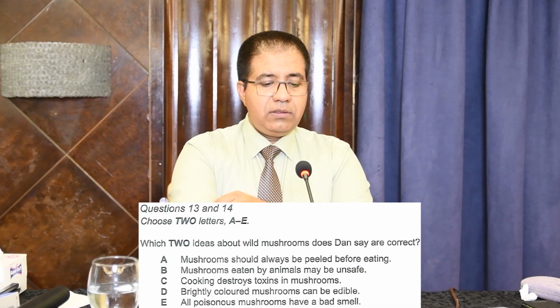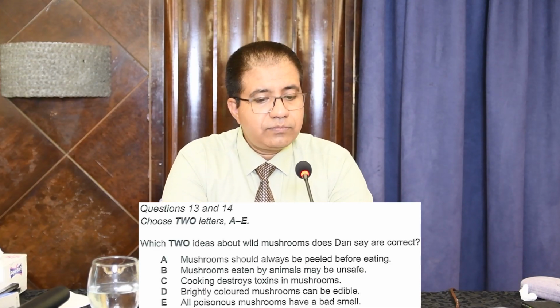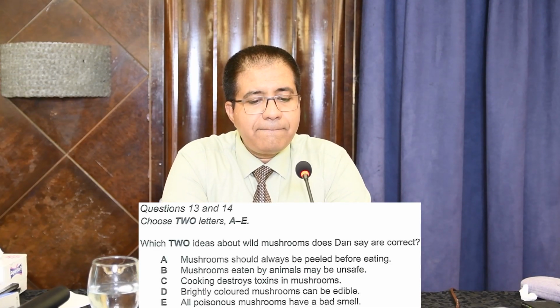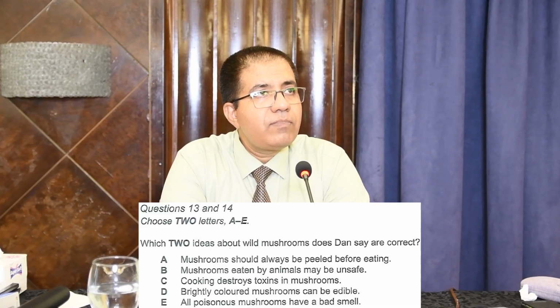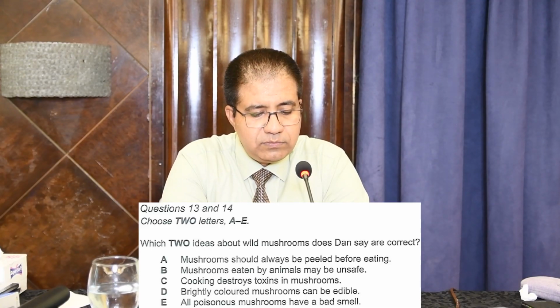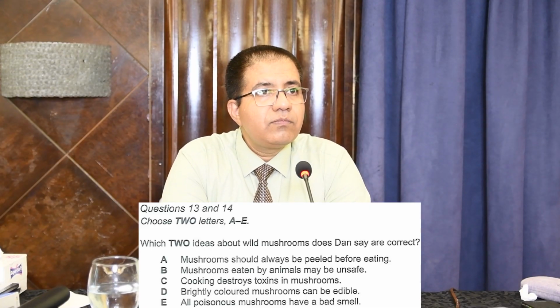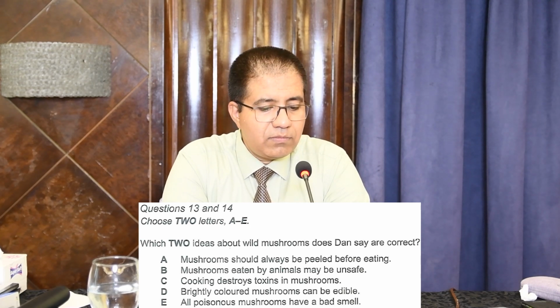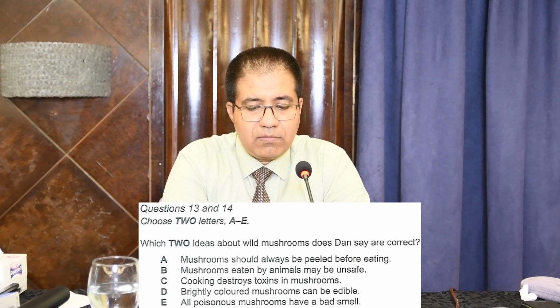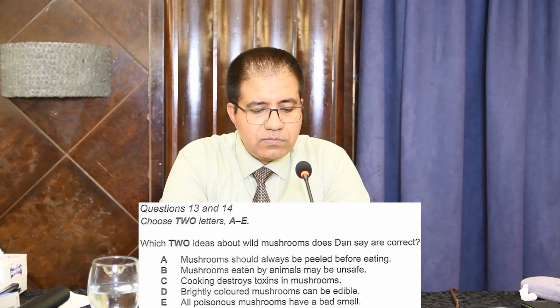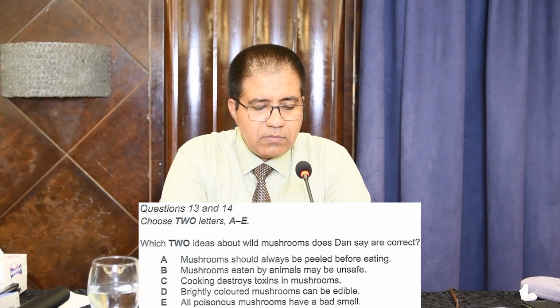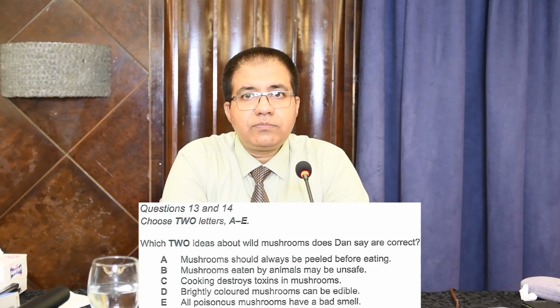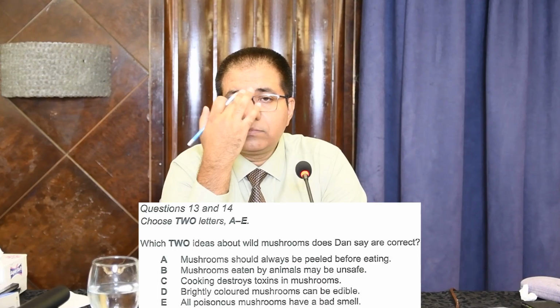There are certain ideas about wild mushrooms that it's important to be aware of. Don't listen to people who tell you that it's only okay to eat mushrooms that are pale or dull. This is completely untrue. Some edible mushrooms are bright red, for example. Personally, I prefer mushrooms cooked, but it won't do you any harm to eat them uncooked in salads.